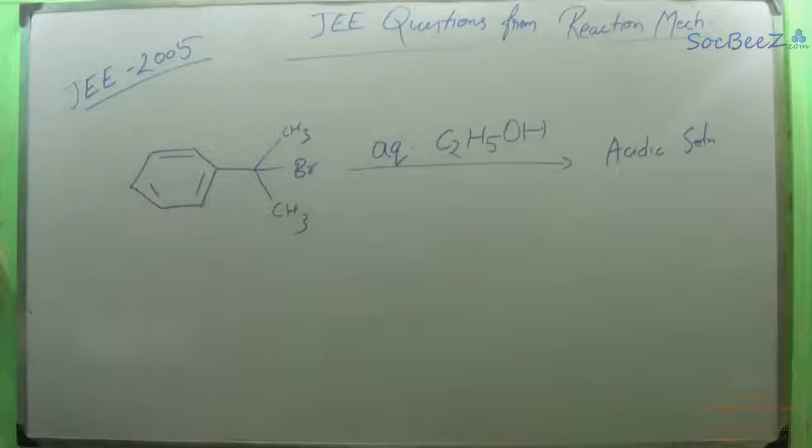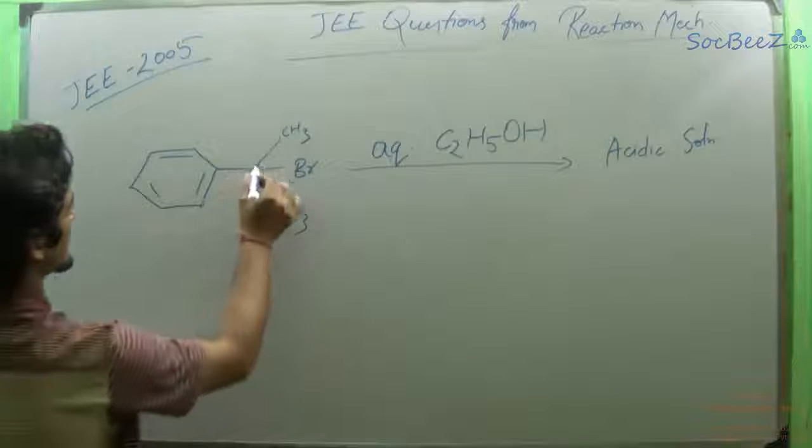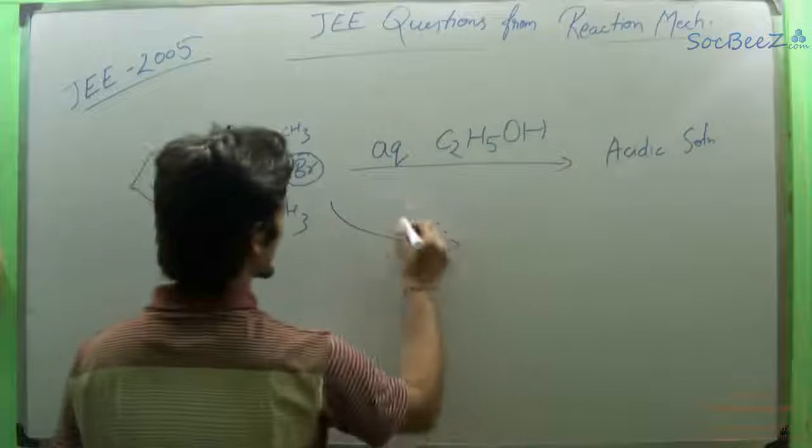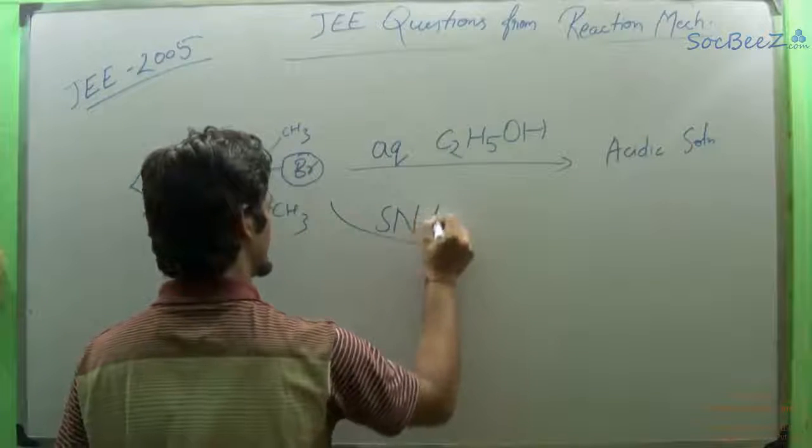So what this can do is, it is aqueous C2H5OH. This can fetch this Br. It can be an SN1 reaction.